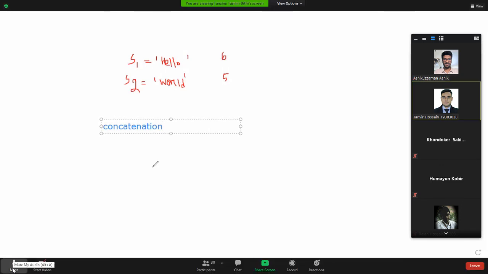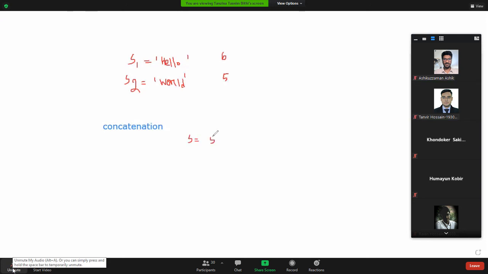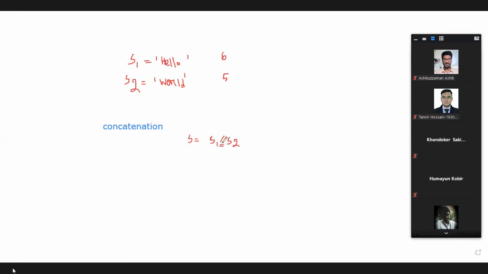Concatenation means addition, but actually we represent it using a double slash symbol, S1 // S2. This symbol refers to the concatenation operation.